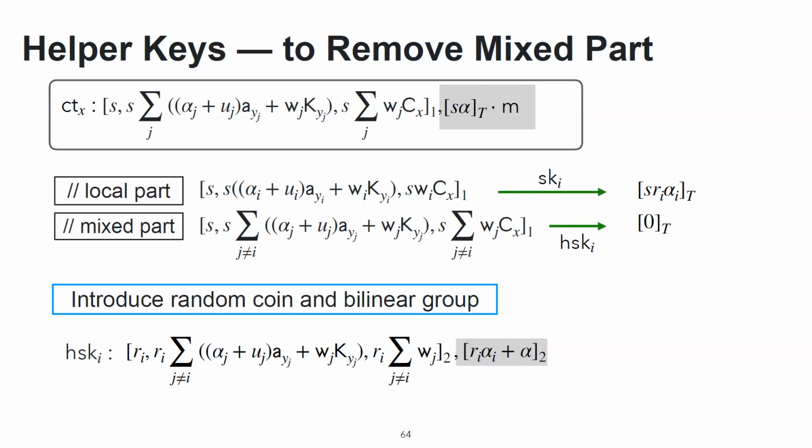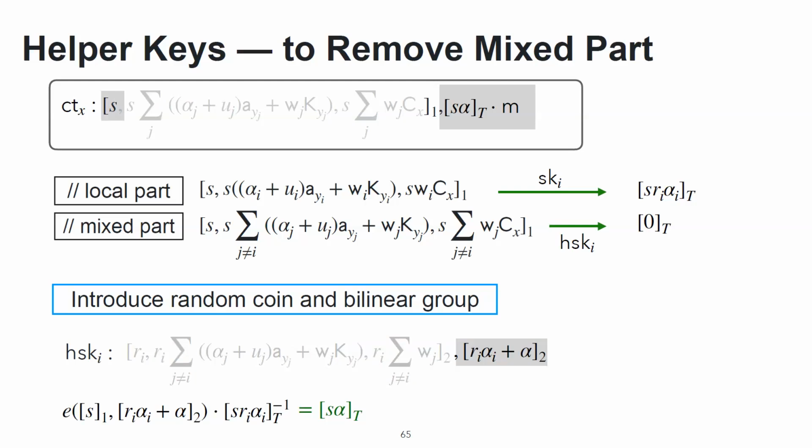We use a trick in standard ABE to deal with this problem. We include a new alpha via this term we highlight into the ciphertext and connect the alpha to alpha_I with this term we highlight into HSK_I.